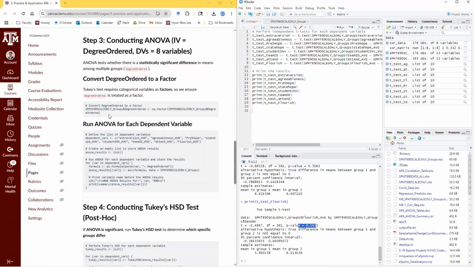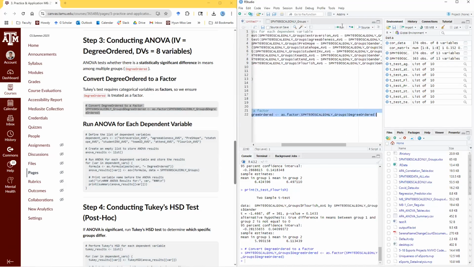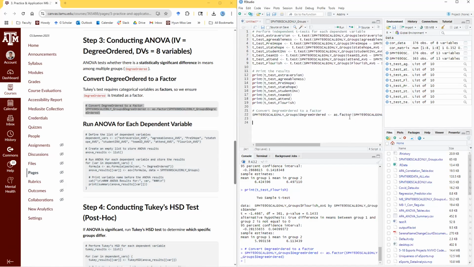So what we're going to do first is we're going to command that degrees ordered is a factor that we can use to run as a factor. So we run this before we run an ANOVA so that R knows that this is a factor, where we can use it to compare the mean differences for each data point in the factor.